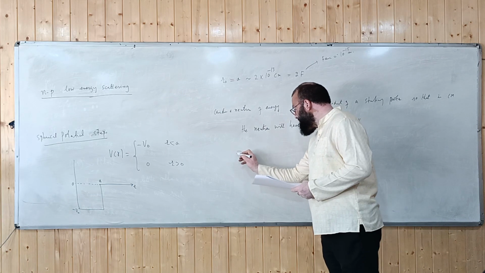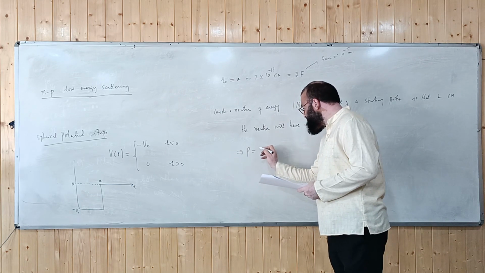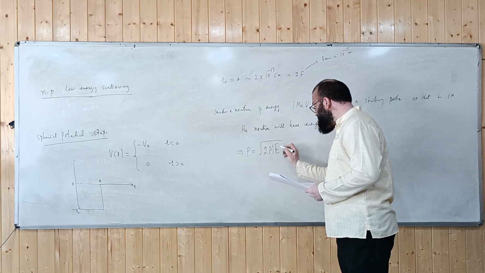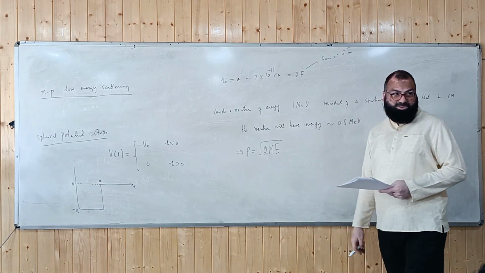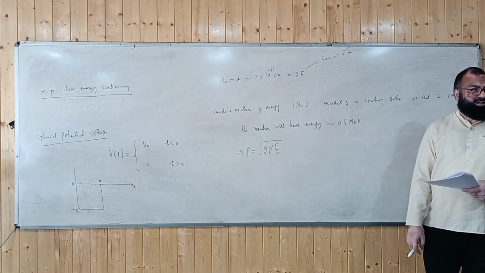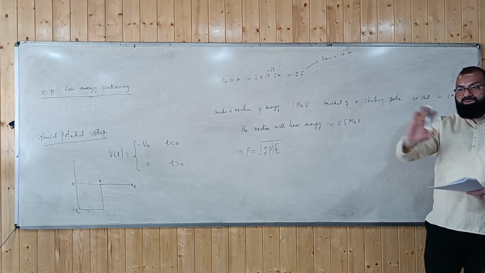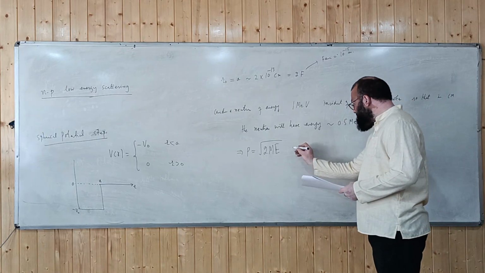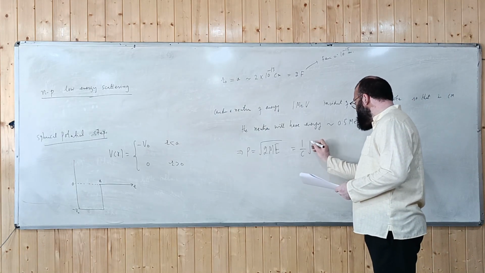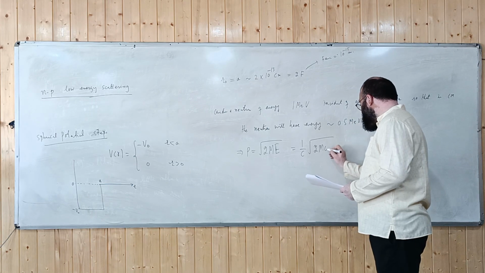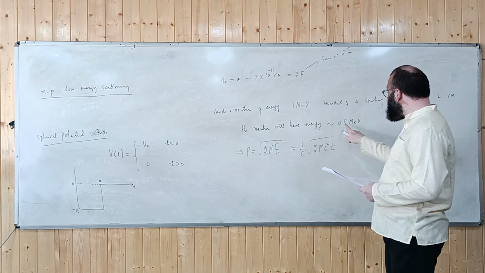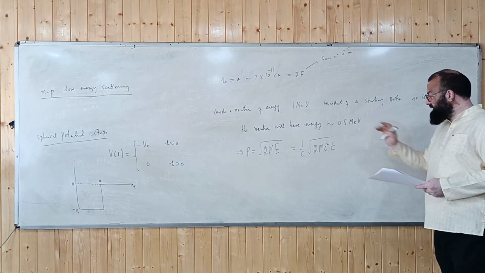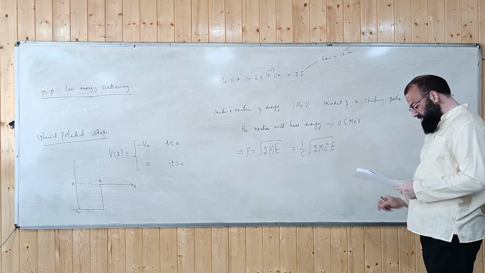So now let's calculate the momentum. The momentum is root of twice mE, because E is equal to p square by 2m. I have the kinetic energy of the neutron because I am considering only the neutron in motion, and the proton is stationary. So let's calculate it. I can write it as 1 by c root of twice mc square E, because I have written the energy in terms of MeV, in mc square units.